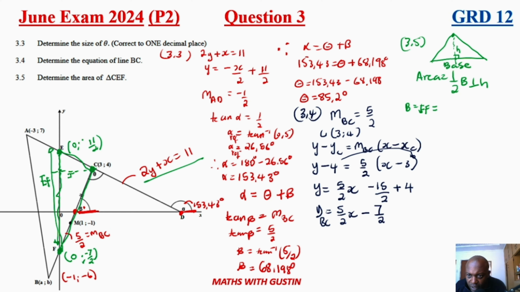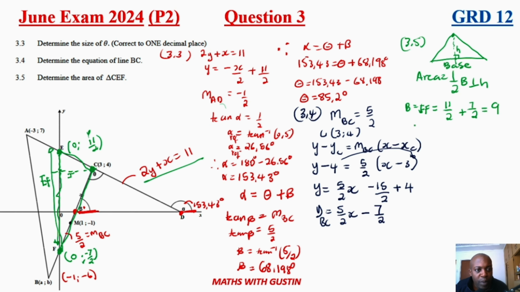Here the negative doesn't matter, so you can easily add these two y values. 11 over 2 plus 7 over 2. If you add that on your calculator, you'll get a value of 9.